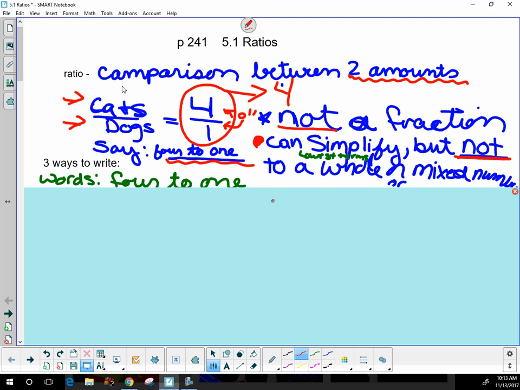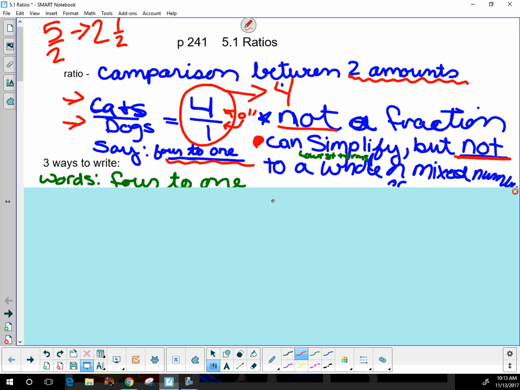And if I had something like 5 cats to 2 dogs, which is my current household situation, certainly if I looked at it as a fraction and reduced it, 2.5, that's not a comparison. Again, that's one amount. 2.5 what?